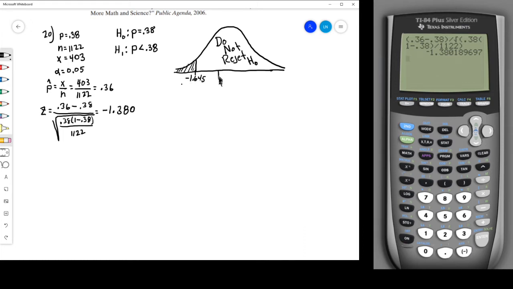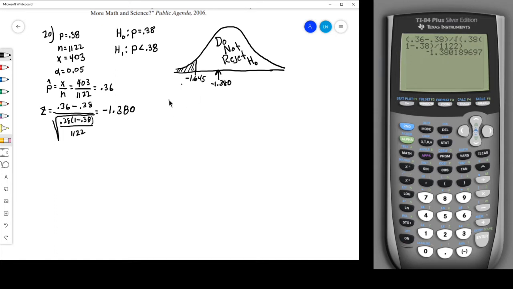So it's going to fall somewhere on this side. So we end up with our test statistic being greater than our critical value for a left-tailed test. You don't have to remember that if you have a picture. This is why I like to draw a picture. Basically what this tells me is my test statistic falls in a do not reject region.